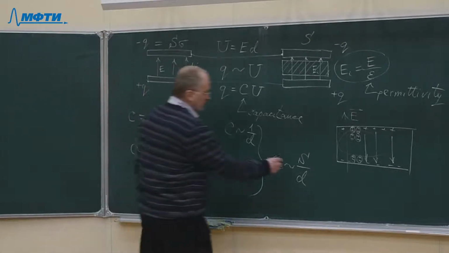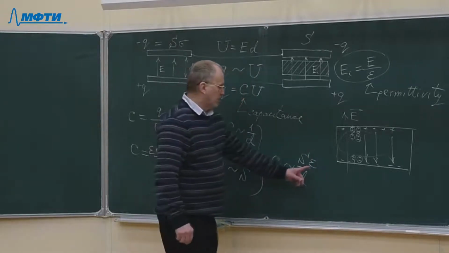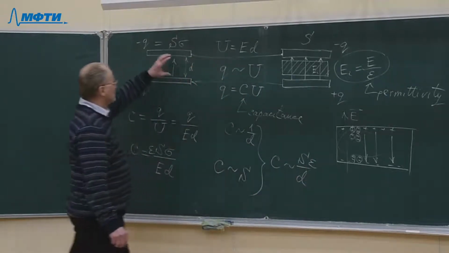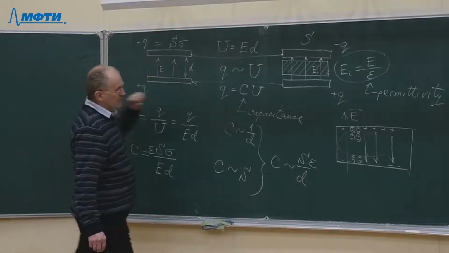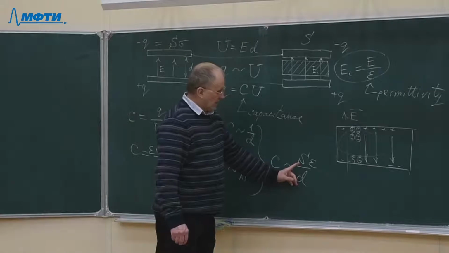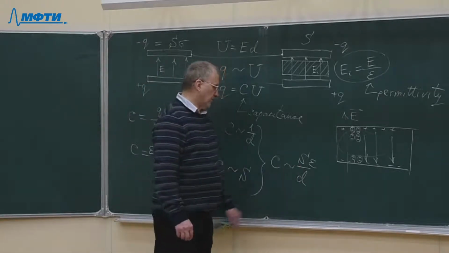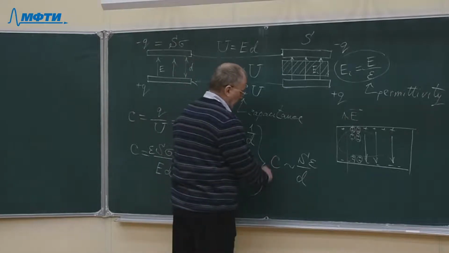Therefore, the capacitance is directly proportional to epsilon, the dielectric permittivity of the substance placed between the plates, directly proportional to the surface area of the plates, and inversely proportional to the distance between the plates.